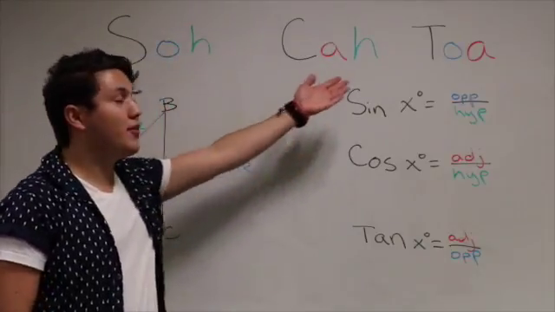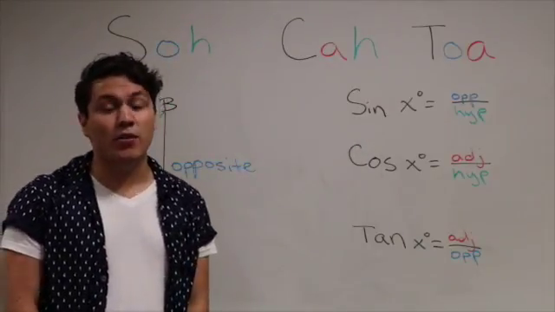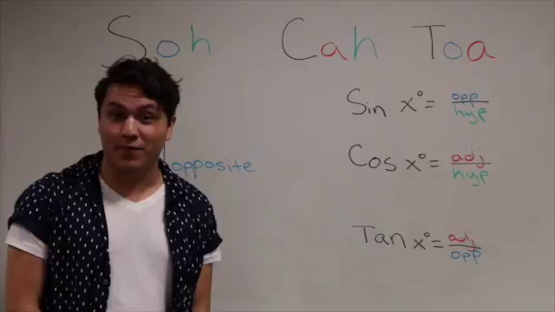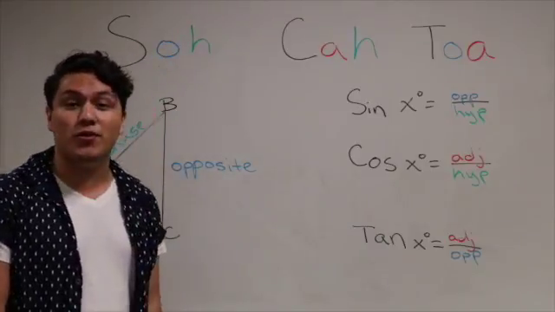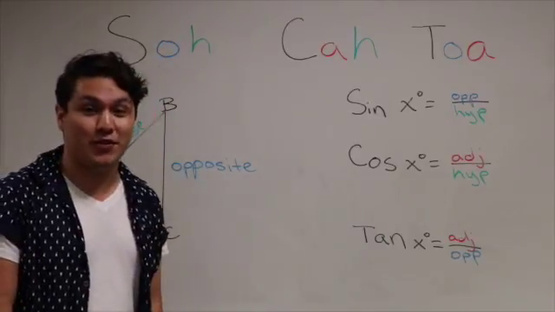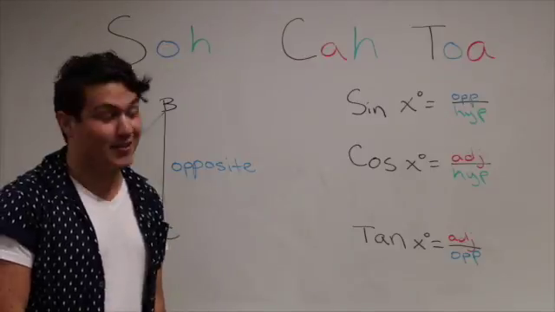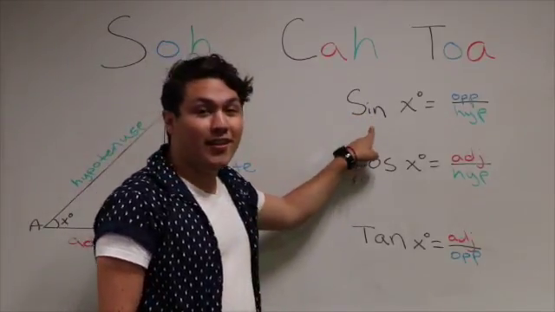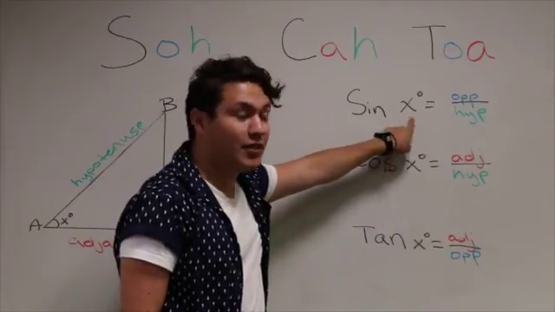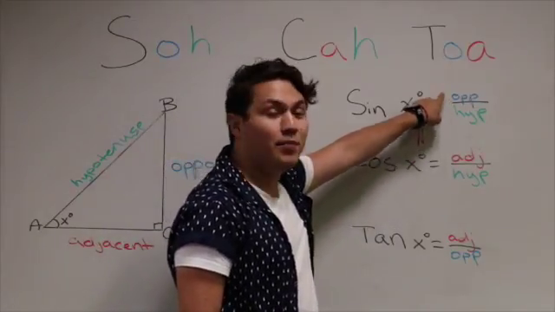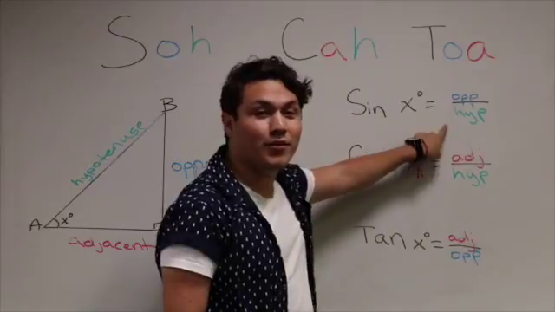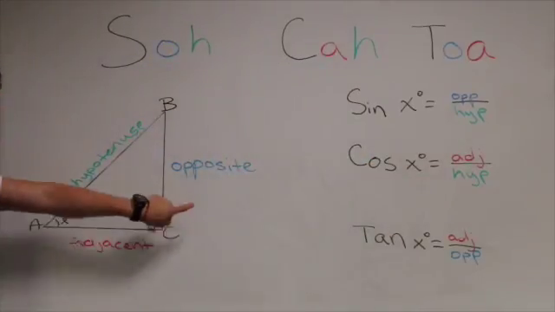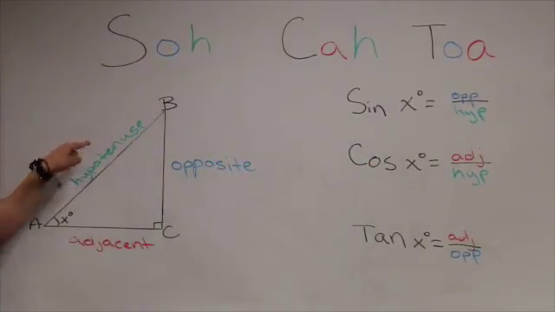So SohCahToa. What is SohCahToa? Well, SohCahToa is an acronym for the equations we will use to figure out the other sides of a right triangle. For Soh, we use sine of the angle given, which is opposite over hypotenuse.